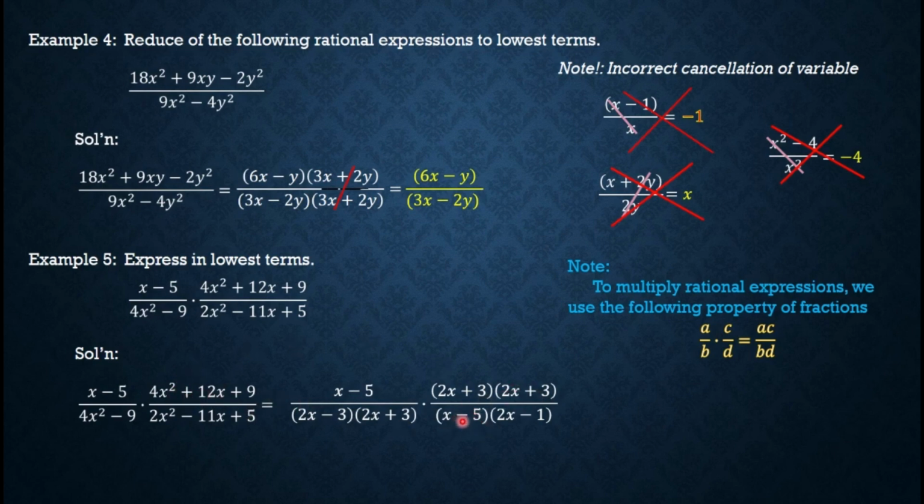Then, the quantity x minus 5 times the quantity 2x minus 1 is another factor of 2x squared minus 11x plus 5. Then, we see that they have cancellation. We have the same values in numerator and denominator, which are 2x plus 3 and x minus 5.